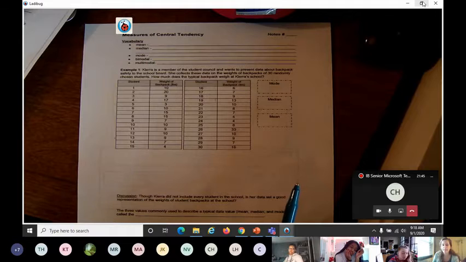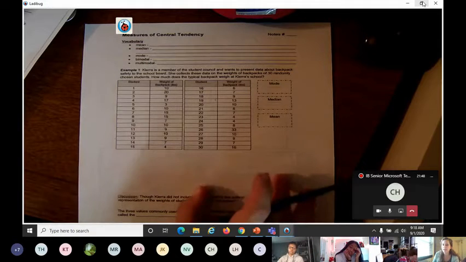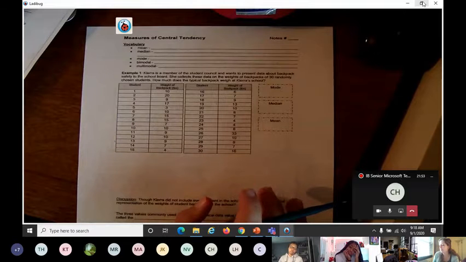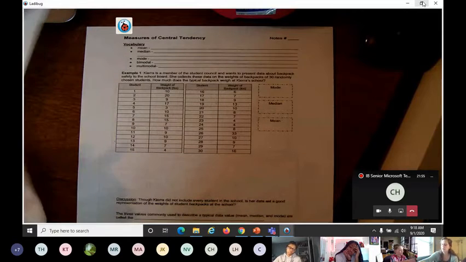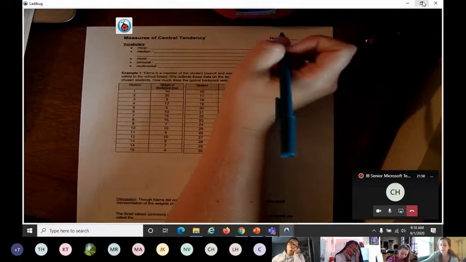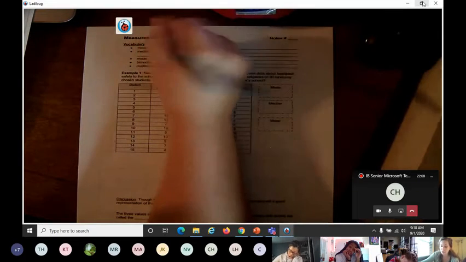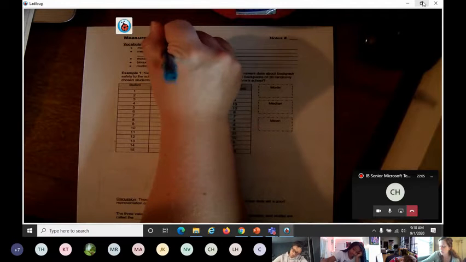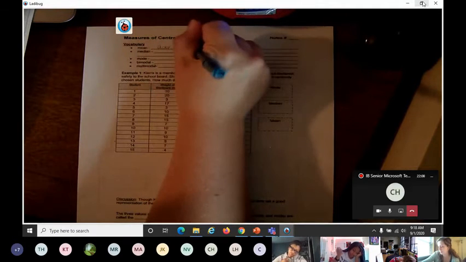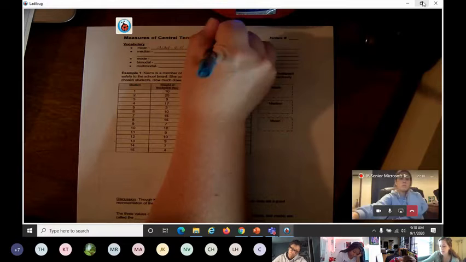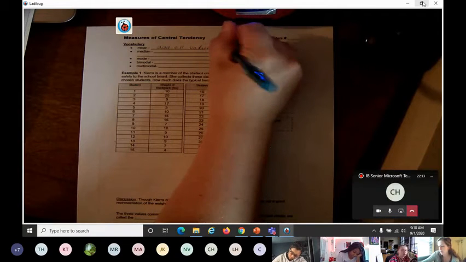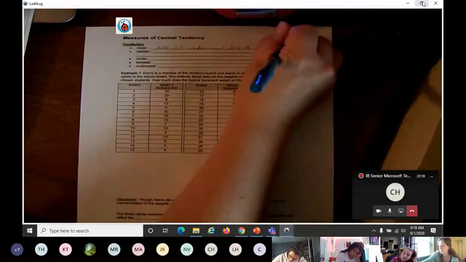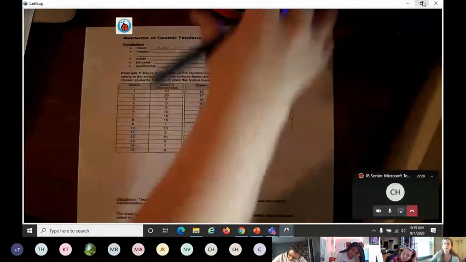Okay, so we're going to go ahead and start measures of central tendency today. So here we go. First we're going to go through a bit of vocabulary. A mean is the average, right? And we calculate the average by adding all values and then dividing by the number of values. Any questions on that?